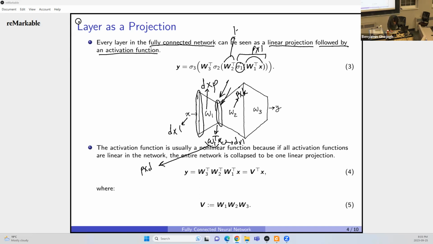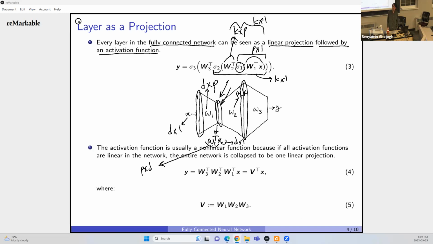It's K by P, so the whole thing here is K by 1, which is exactly the vector here. Now I feed it to the activation function of the second layer, sigma 2. Again, this is applied element-wise, so this is also K by 1.